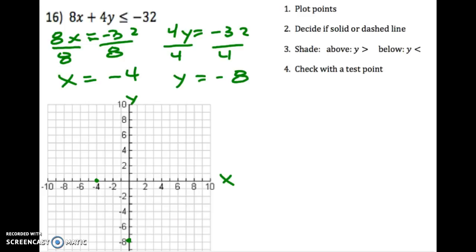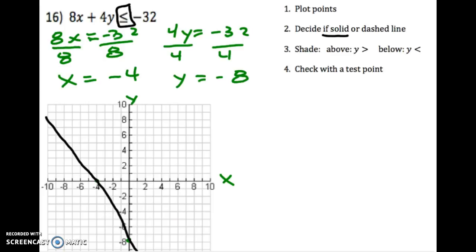At this point, we can move on to the solid or dashed line. This one has an equal to with it, so we should be going with a solid line. Hopefully yours came out a little straighter than mine.